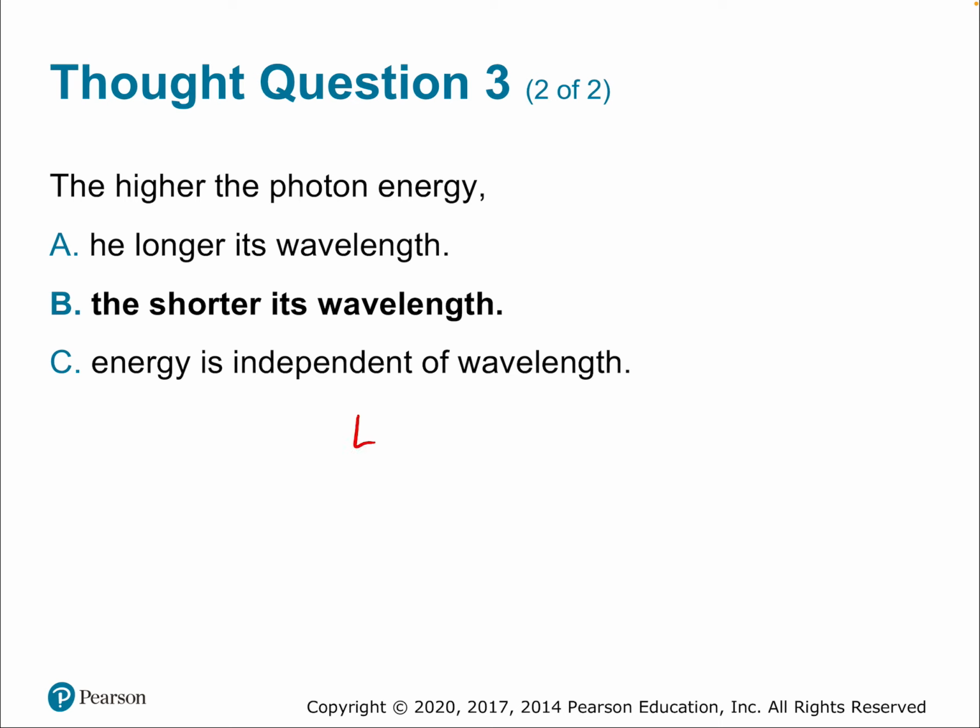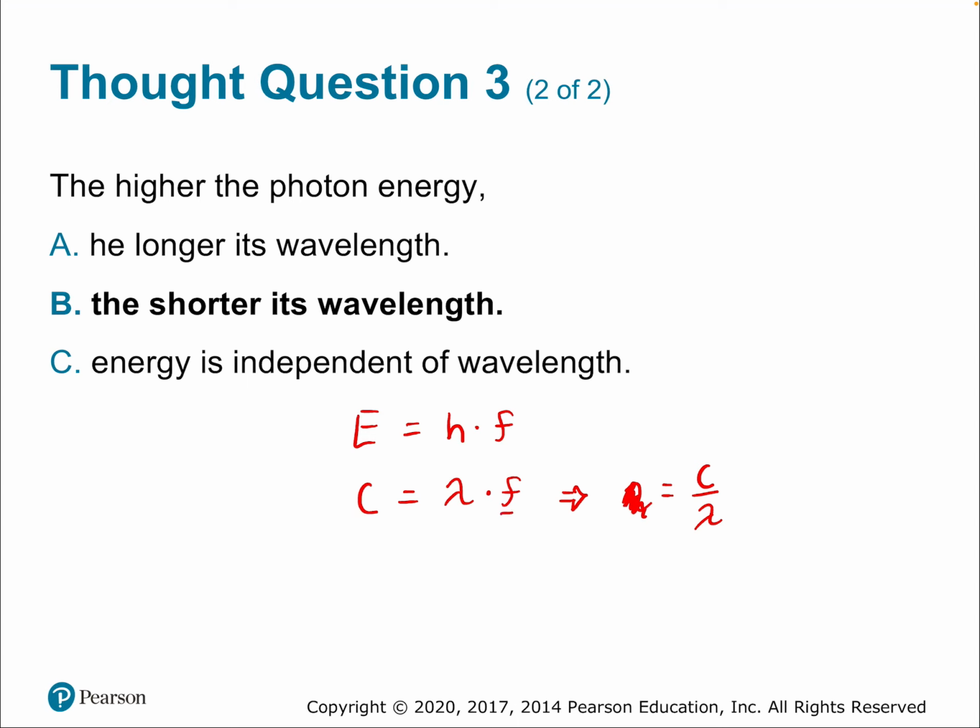But if you recall, the energy per photon is that constant known as Planck's constant times the frequency. But recall also that the speed of light is wavelength times frequency. So you can then solve for frequency from the second formula, and it's just the speed of light divided by the wavelength.